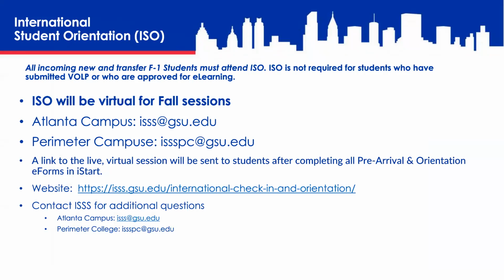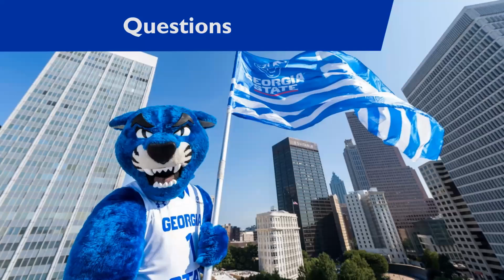That is international student orientation only for students who have F or J visas. If you are a U.S. citizen or green card holder, you are not required to go to the ISO. If you have any questions, please email them at isss@gsu.edu for downtown and isssPC@gsu.edu. Again, you can Google them. The information is online as well.